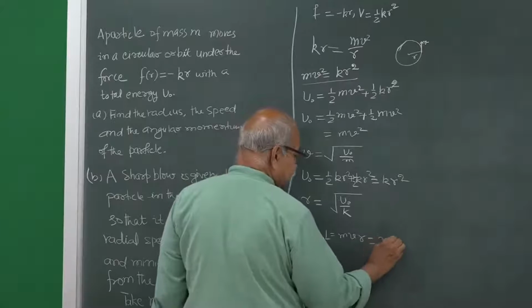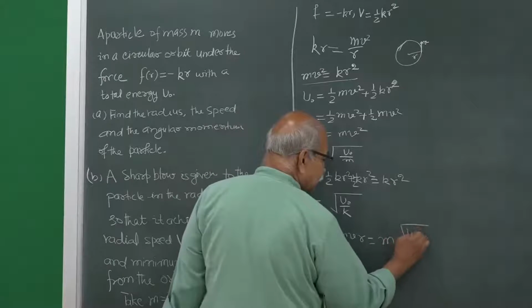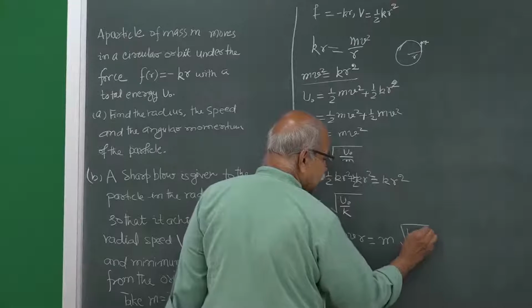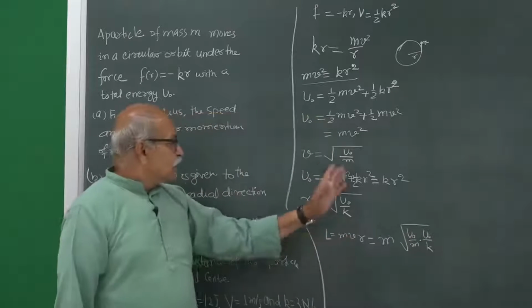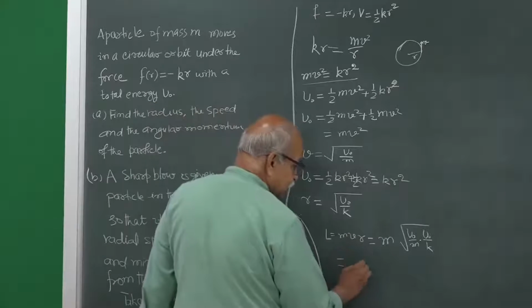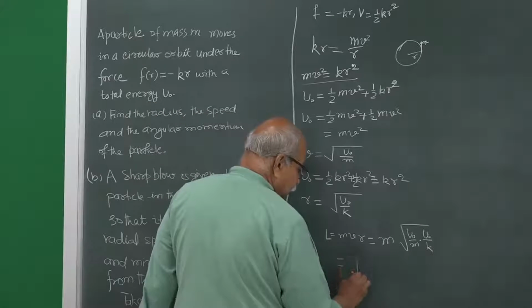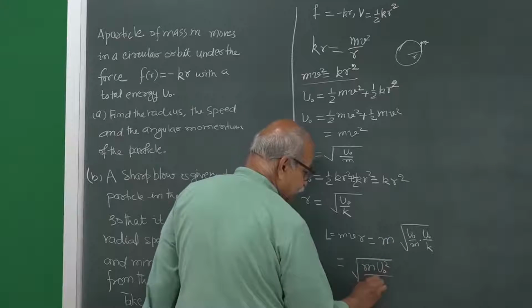That will be m times square root of U naught by m times square root of U naught by K. So, m square goes inside, U naught square here and K here.